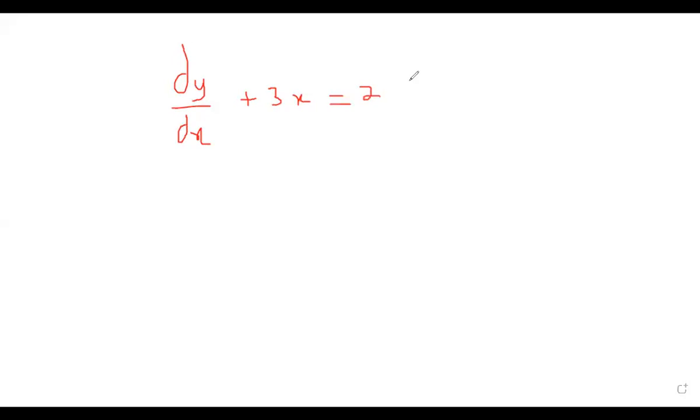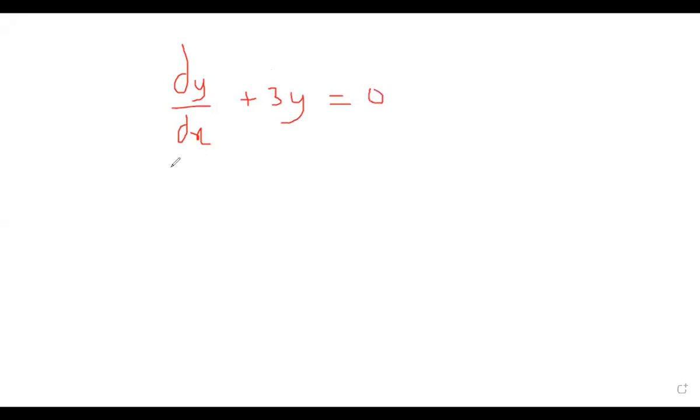Or better still, let me put some y somewhere to make it more interesting. So this should give us y here, to make it more interesting. So dy/dx plus 3y is equal to 0.